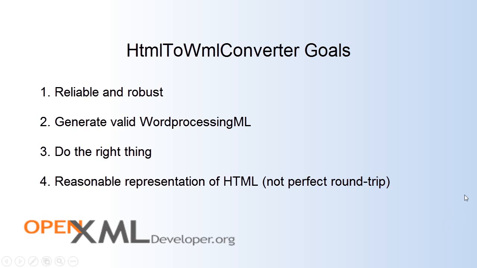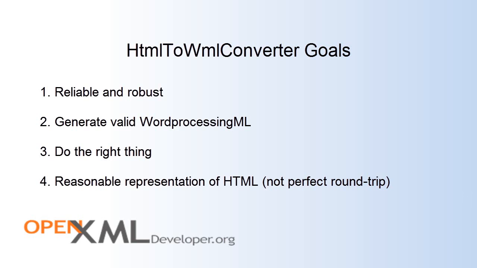So reliability is of prime importance. Second thing is, it should always, no matter what, generate a valid WordprocessingML document. It's not acceptable to generate a WordprocessingML document that doesn't validate per the Open-XML SDK after generating it.